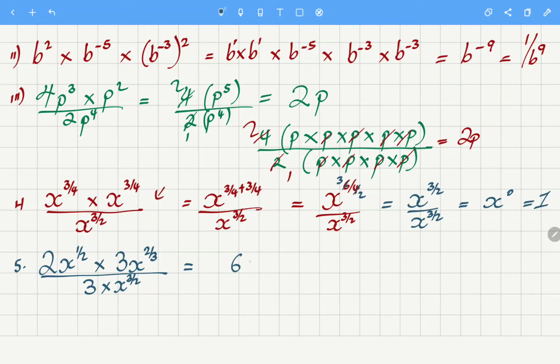So that's 6 times x to the power 7 over 6, divided by 3x to the power 3 over 2. Cancelling things out, 3 goes into 6 two times, so that's 2. Then 7 over 6 minus 3 over 2 gives 2x to the power minus a third, I think.